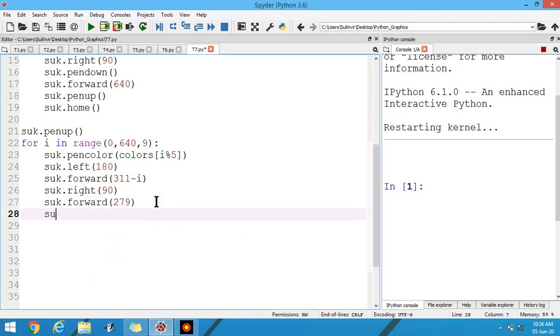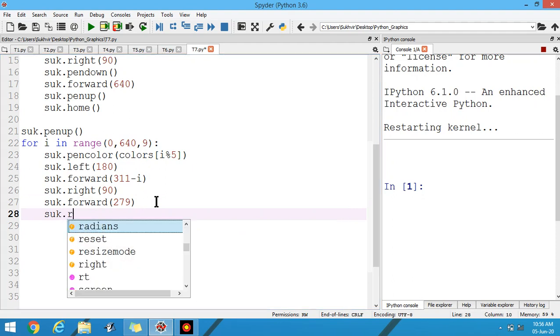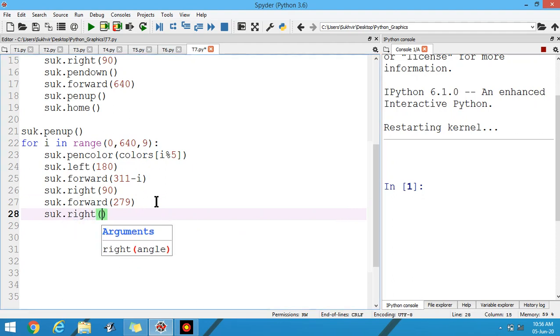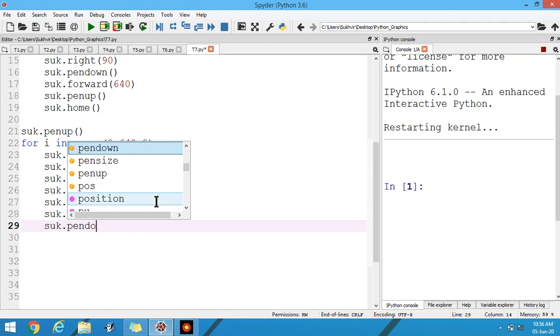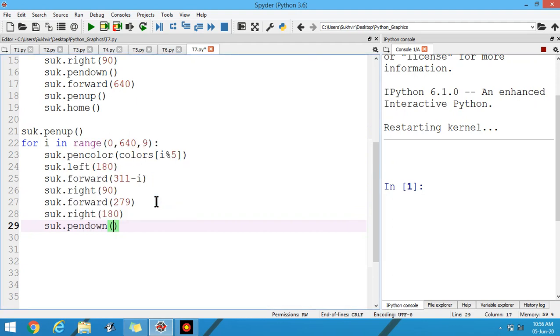Then suk dot right, previously it was 90 degree because I had to design the horizontal line. Now it should be 180 because I have to draw the vertical line. Then suk dot pen down is required, because I have to draw the vertical line after setting the turtle at a particular position.